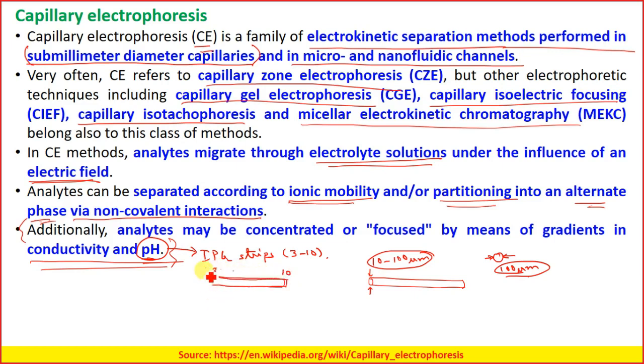Now what you have to do? You have to apply your sample on the strip, and then you have to apply the potential across this strip. When you apply the potential, according to the pH, the molecules will move towards their pI, where they become neutral, and they will be concentrated at that region.